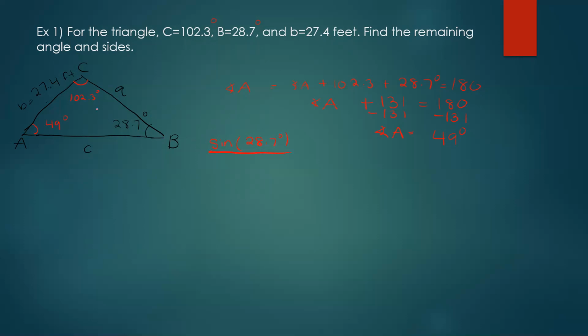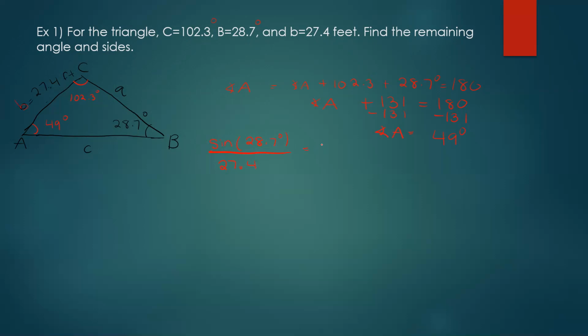Angle B goes with side length lowercase b, and that's very important. You can't just pick any missing length, it has to go with angle B. So it's 27.4 feet, or just 27.4.